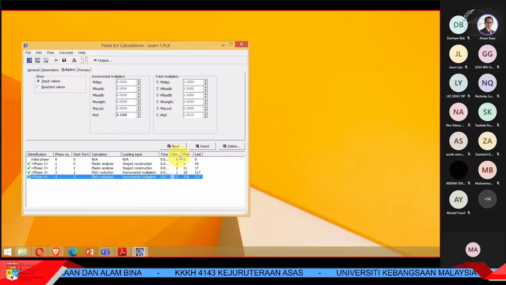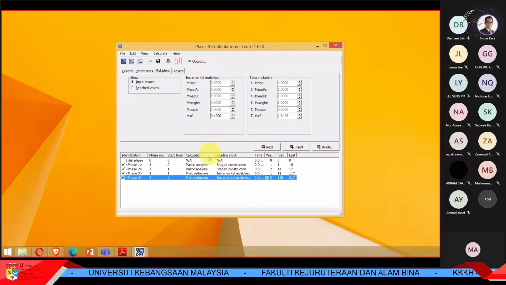The second one with the loading is 1.84. So meaning that the slope here is stable. The slope is stable. So you can just say since the factor of safety 1.84, it is stable.